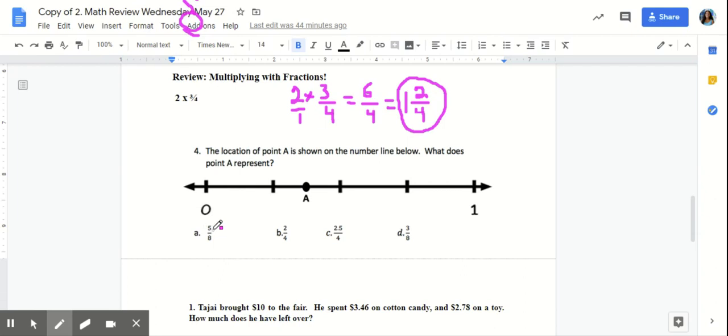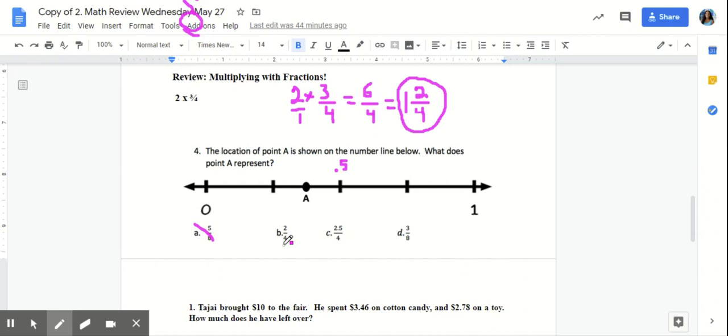Now we know that 5/8 is more than half. So if we look at our halfway mark, our midpoint is always going to be representation of a half, and 5/8 is greater than half. But we're looking for point A, so we can already eliminate 5/8.